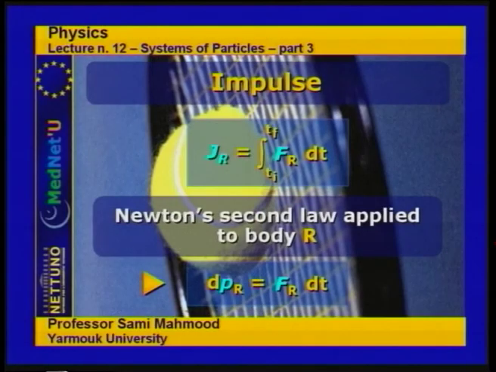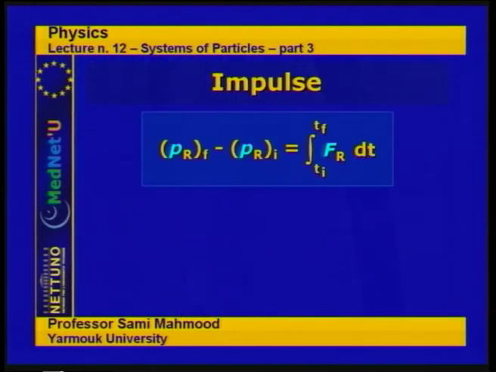And the integration of the right-hand side quantity is simply f sub r dt, which is j sub r, which is the impulse. And that way we get a relation between the change of momentum of the object r and the impulse acting on that object.